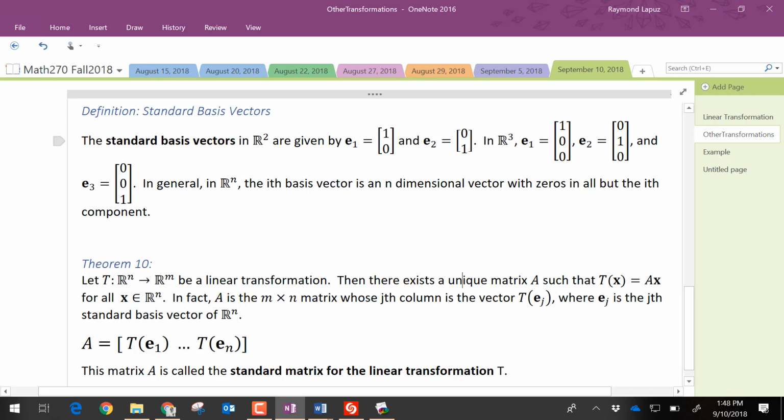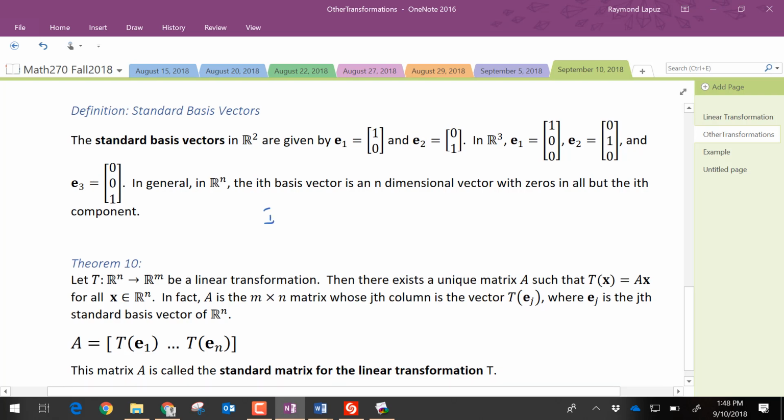But if it's R4, that's why they call it E1, E2, E3. When it gets larger, like in R5, you would have 5 basis vectors, and your E1 is going to be 1, 0, 0, 0, 0. Your E2 is going to be 0, 1, 0, 0, 0. And then you can get the rest of your E's by just putting the 1 in whatever spot it is, and then everything else is 0.